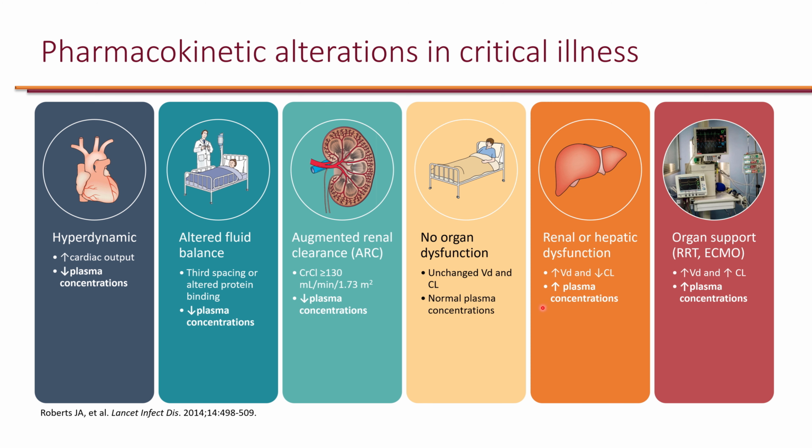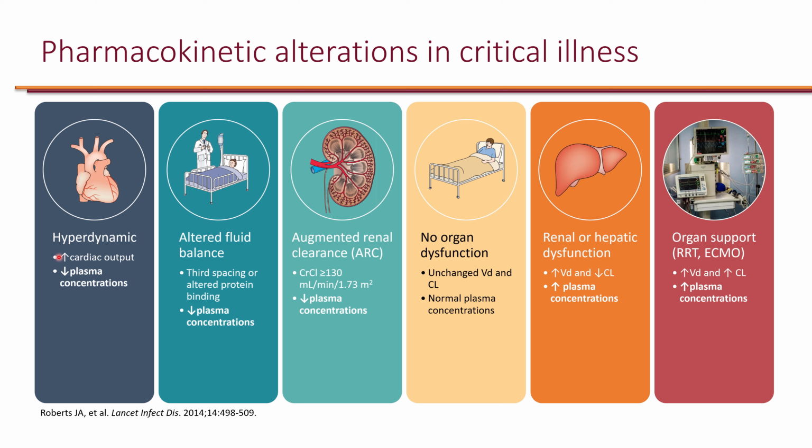Now, when it comes to critically ill patients specifically, there are important things to consider. For example, there are 3 things I have listed on the left-hand side that can lead to reduced plasma concentrations. First, a hyperdynamic environment in the patient. Whether naturally, if the body is responding to, let's say, a drop in blood pressure due to the infection, or whether we are actually causing this by giving pharmacologic agents such as vasopressors.